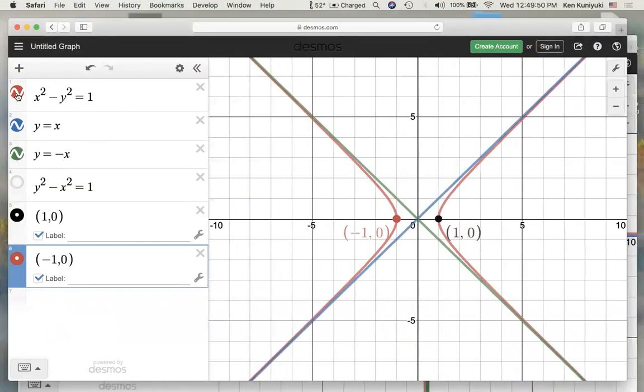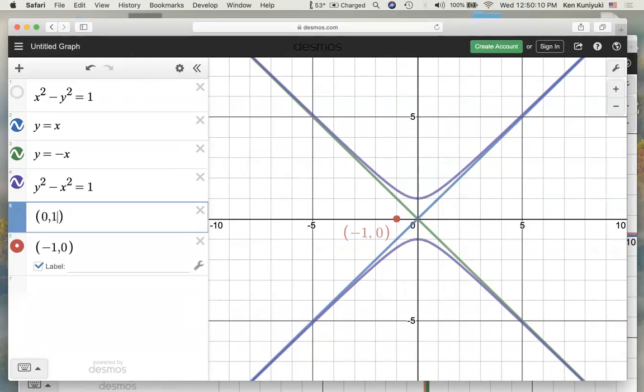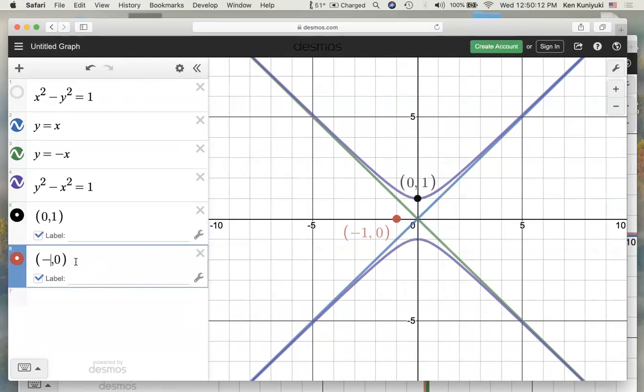I'm flashing the horizontal hyperbola here, x squared minus y squared equals 1. Here, this is y squared minus x squared equals 1. It's a vertical hyperbola, but we have the same asymptotes, the same x representing the two asymptotes. The intercepts are y-intercepts this time, vertices (0, 1) and (0, negative 1).